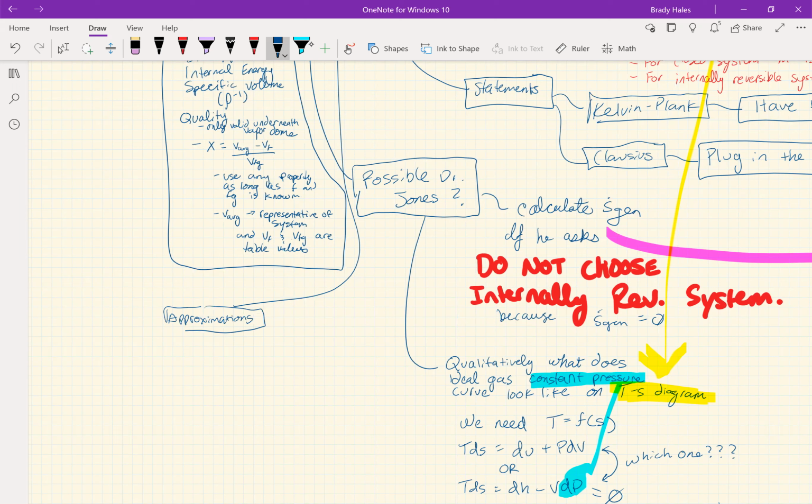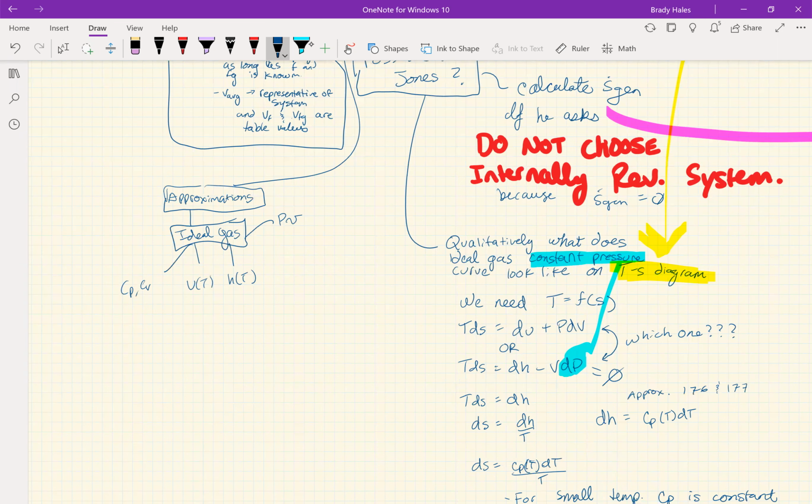I'm not going to, but one might be ideal gas. And if something is an ideal gas, you have C sub P, C sub V, U is only a function of temperature, H is only a function of temperature, and we know PV is equal to RT.